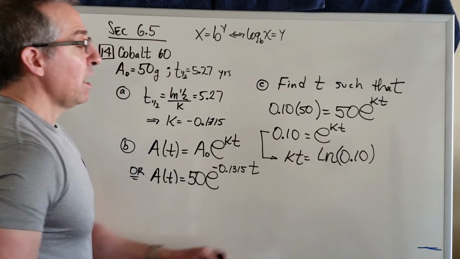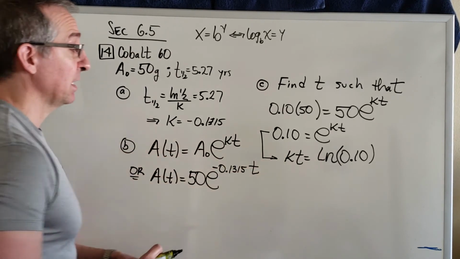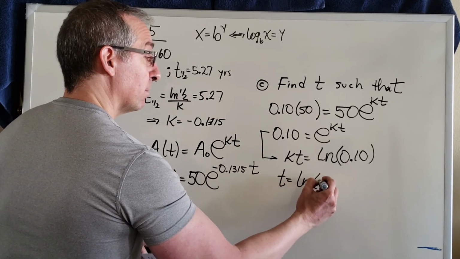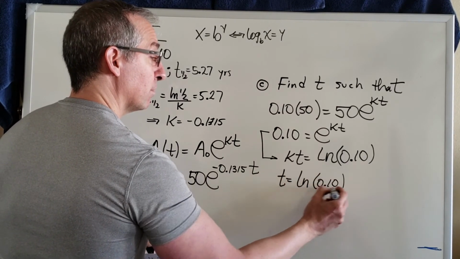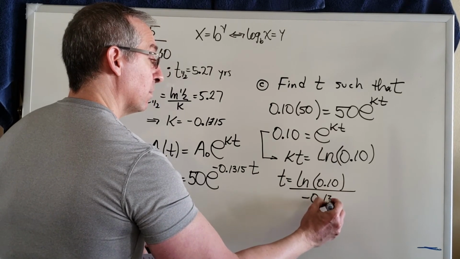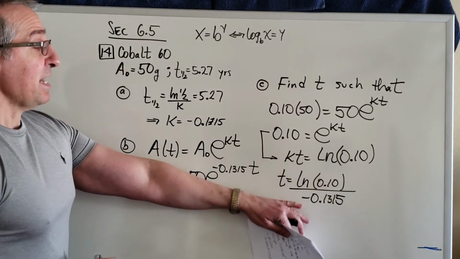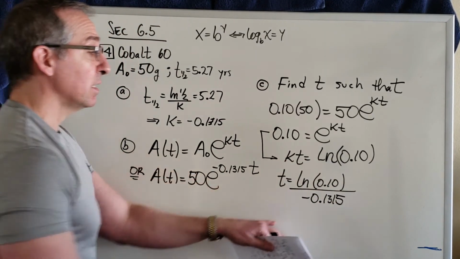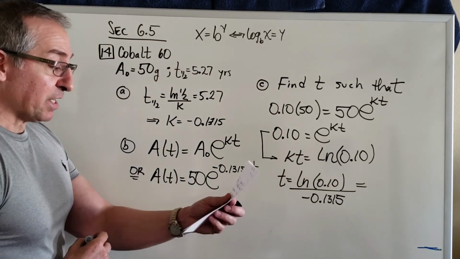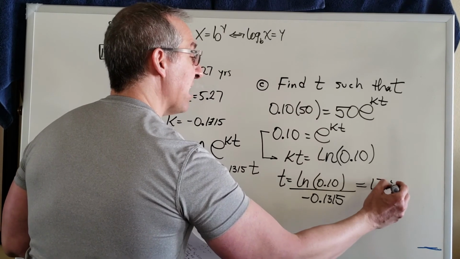From here, I can divide both sides by K to isolate my time. So divide out the K from both sides. Now, into the calculator with this. And the calculator gives us about 17.5 years.